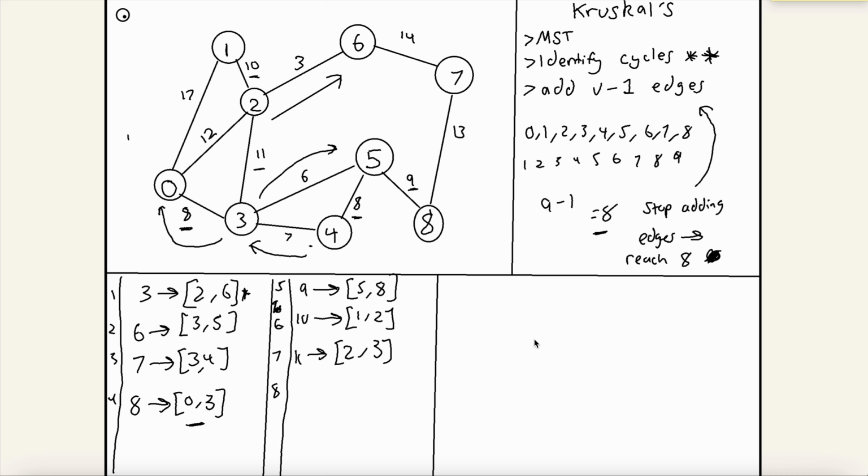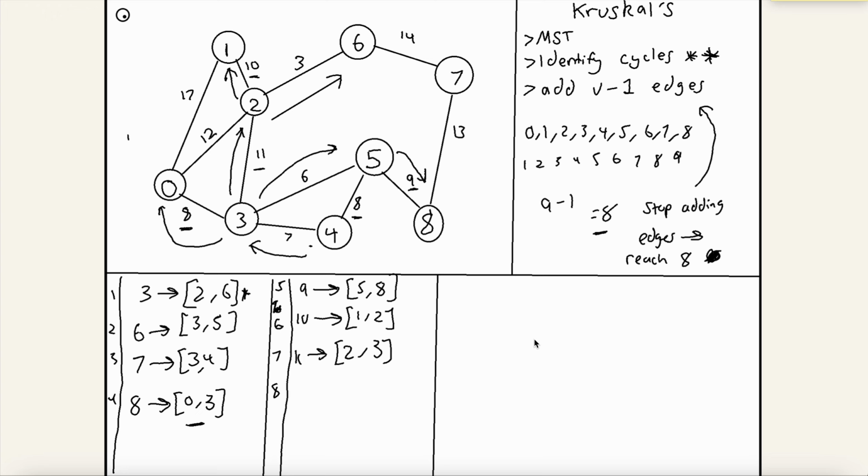And then we've got 5 to 8 as well, going this way. And then 1 to 2, so 1 to 2 here. And then we've also got 2 to 3. So we've been pretty careful and it doesn't look like we've added any cycles. I'm just doing a little sanity check.